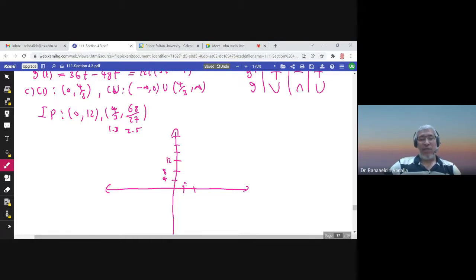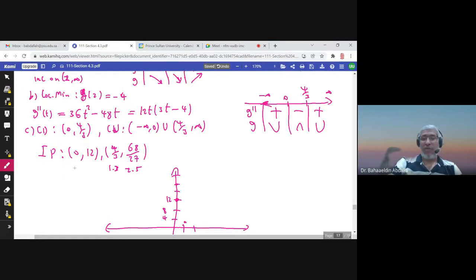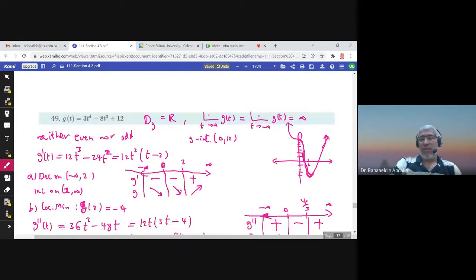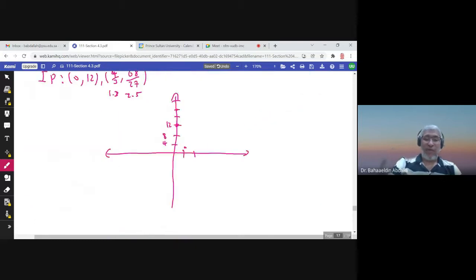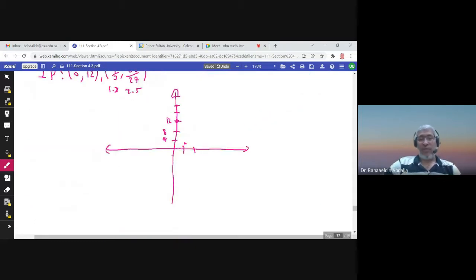This is an inflection point. (0, 12) somewhere here is also an inflection point. And (2, -4) is the minimum. So this is the minimum.